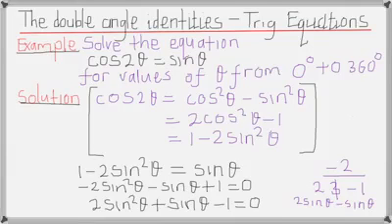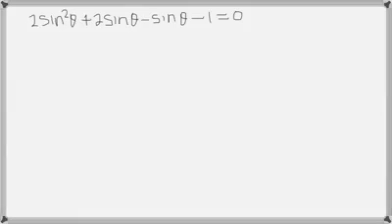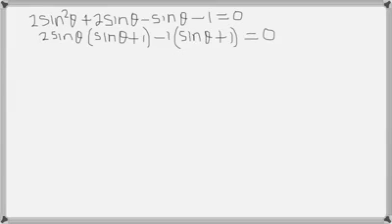So 2 sine theta minus sine theta can be written in place of sine theta to have our equation as 2 sine squared theta plus 2 sine theta minus sine theta minus 1 equals 0, which can now be factorized by grouping. So the common factor for the first two terms is 2 sine theta, which will be written as 2 sine theta into sine theta plus 1, minus 1 into sine theta plus 1 equals 0.